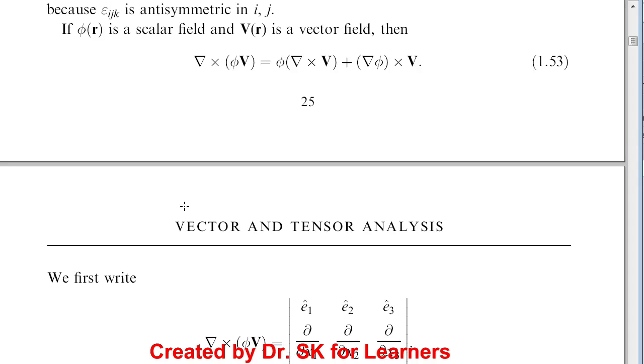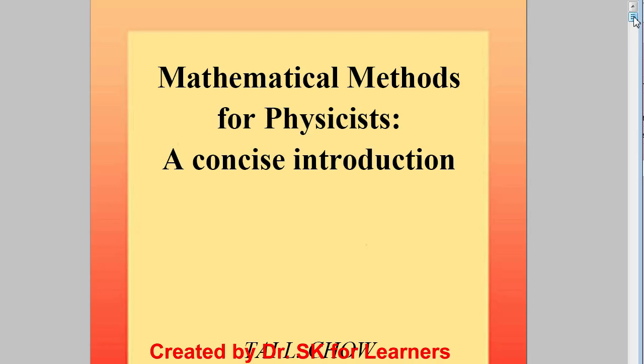For now, I would suggest you go through this book. This book, as you remember, is Mathematical Methods for Physicists, a Concise Introduction. And we have been learning this book for 7 or 8 days, and we are doing quite good. We have learned what scalars and vectors are, and then we went to the scalar product, vector additions, vector subtractions.